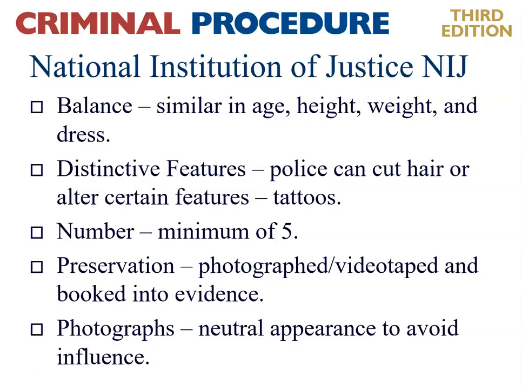Now, next would be the number of people. Typically, at a minimum, 5 fillers in a photo lineup and 4 fillers in a live lineup are to be included to reduce the risk that an individual is selected as the result of a guess. So again, most photo lineups are done with 6.